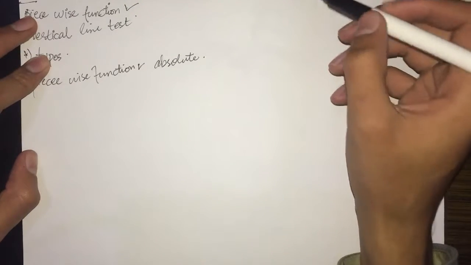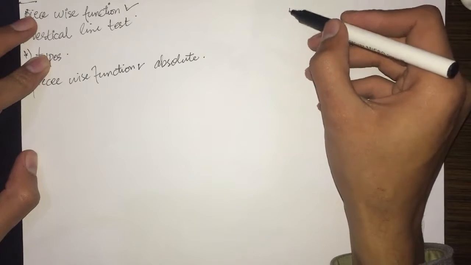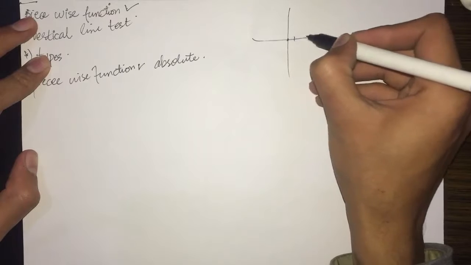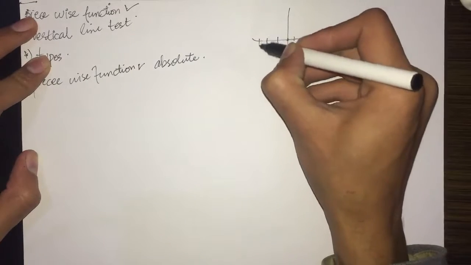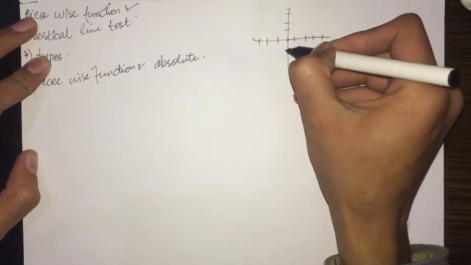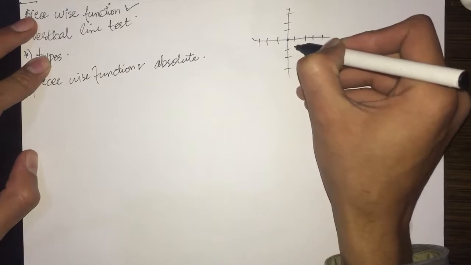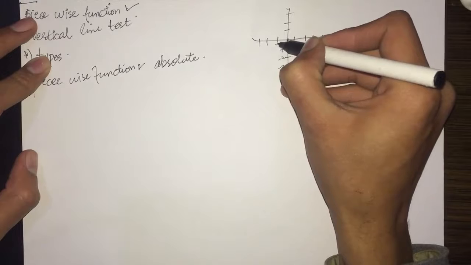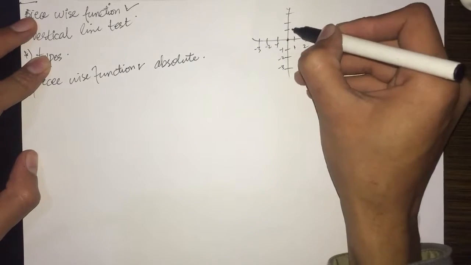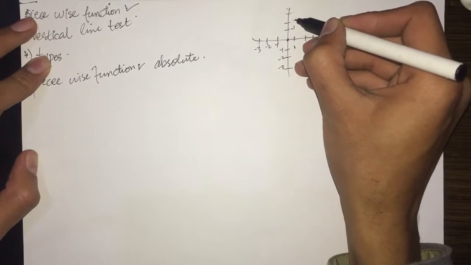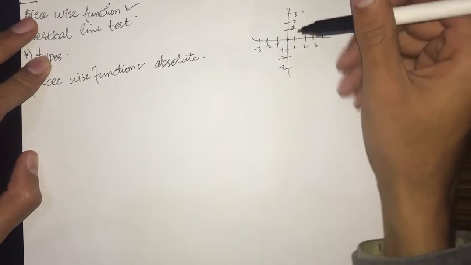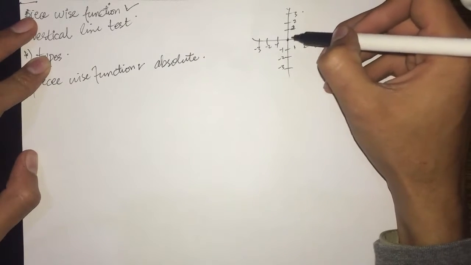So what's the graph of an absolute function? Let me just draw a rough graph of an absolute function. So this is 1, 2, 3, minus 1, minus 2, minus 3. Alright. So the graph of the absolute function is like this.